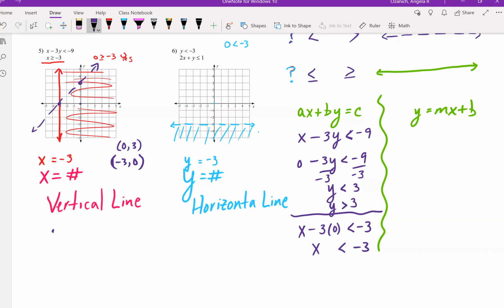So let's try it. 0 minus 3 times 0. I want to see if it's actually less than -9. So this gives me 0 is less than -9. Is 0 less than -9? I don't think so. So that means I'm going to shade above this line.